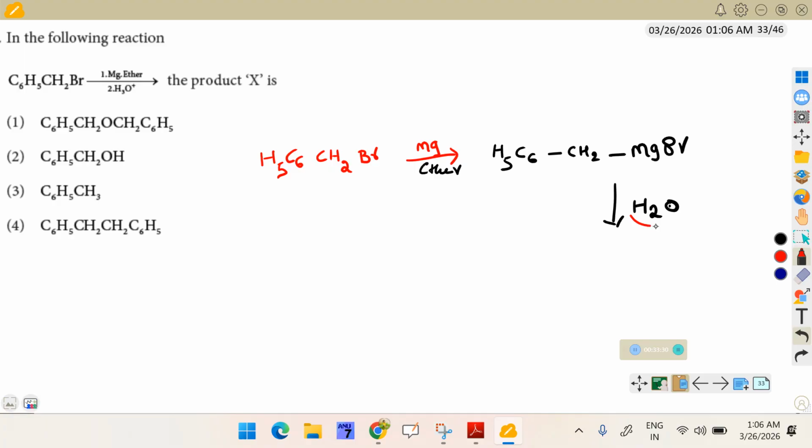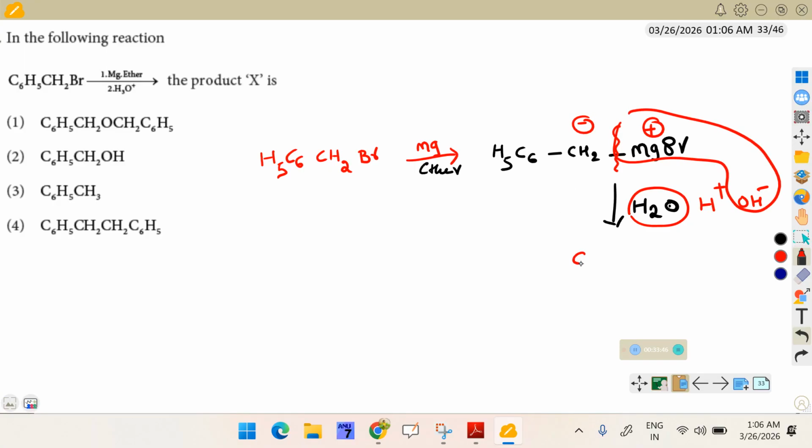Water is an active hydrogen containing compound. Water provides H plus ions, H plus and OH minus. It dissociates, Mg plus, and carbon gets a negative charge. Remove MgOHBr, then it gives C6H5CH3, methyl benzene.